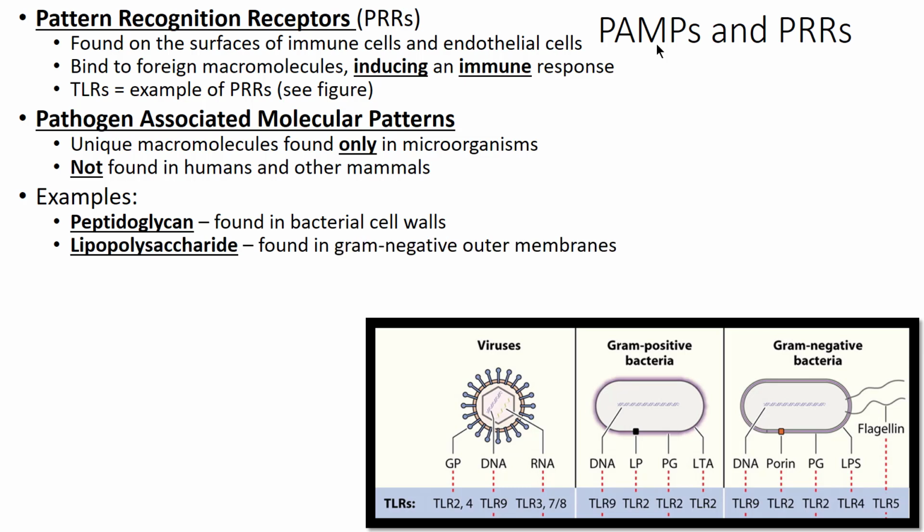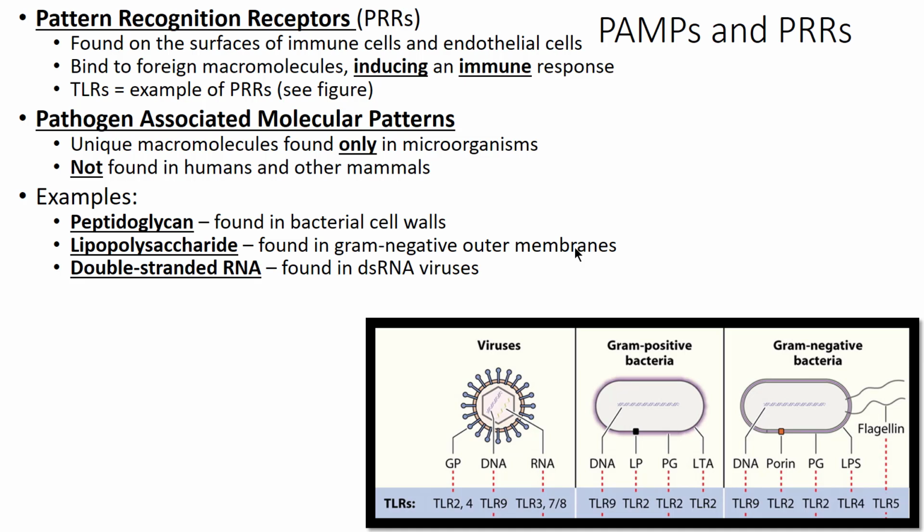Another similar example is lipopolysaccharide, abbreviated LPS, sometimes called endotoxin, which will come up again at the end of this lecture. It's only found in gram-negative outer membranes, so a little more specific to the gram-negatives, but also an exclusively unique chemical.